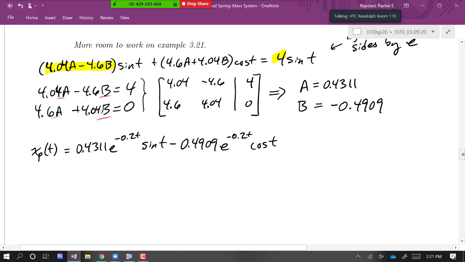Now our x of t solution, we're going to add the homogeneous and the particular.